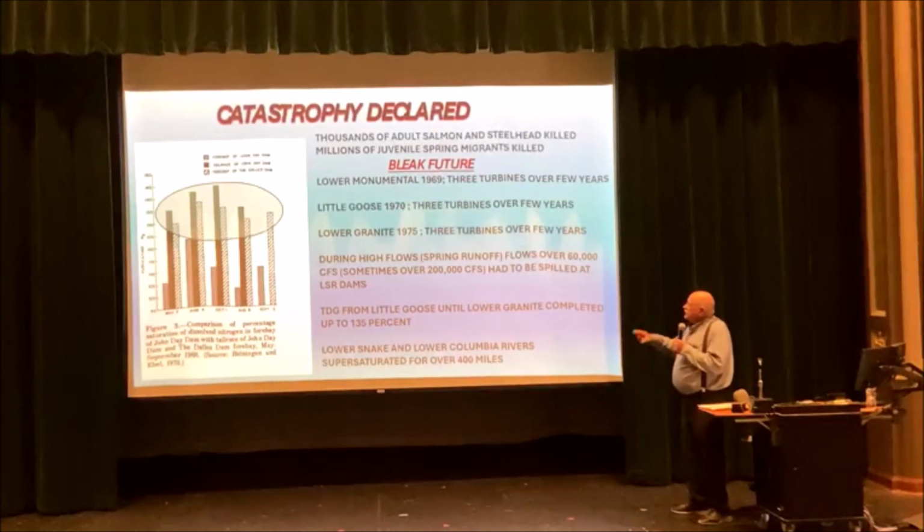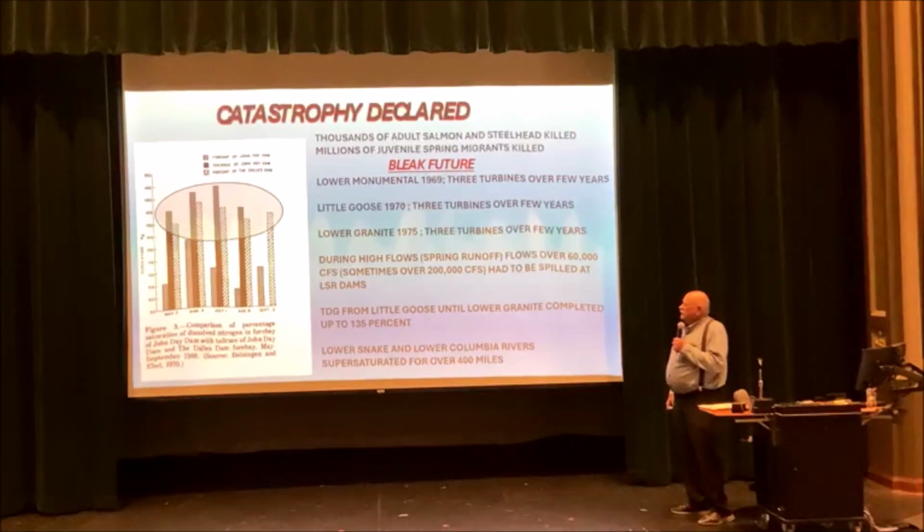This is from research that was conducted at the time, and gas supersaturation was considered to be a life-threatening catastrophe for the salmon runs for the Columbia and Snake River.